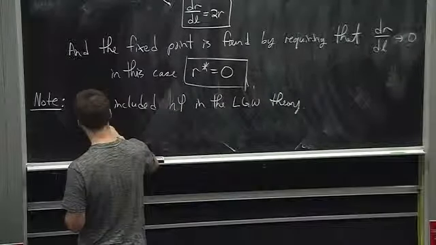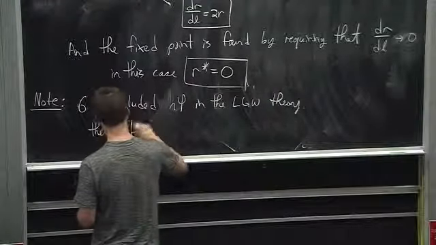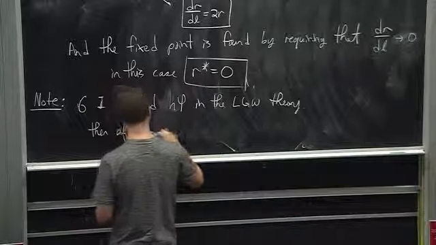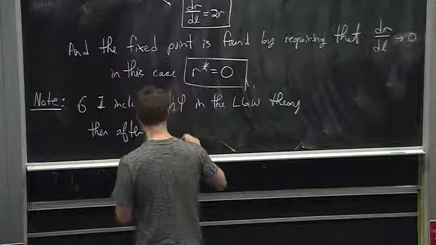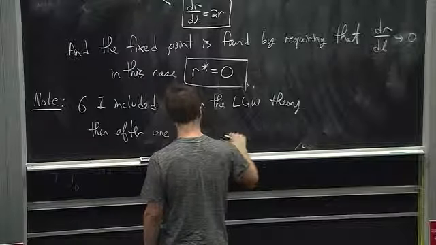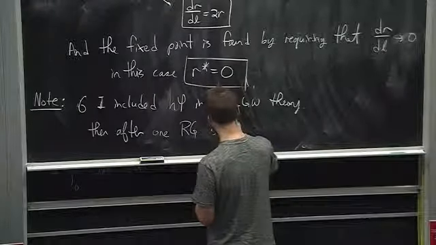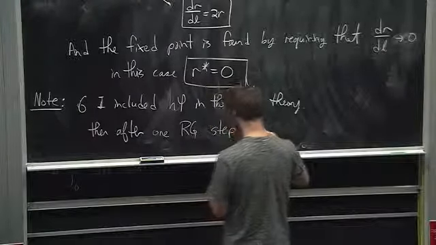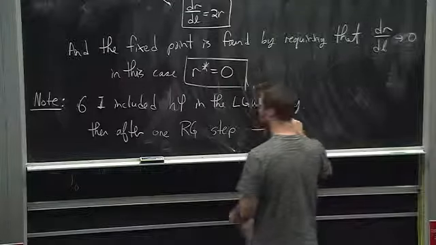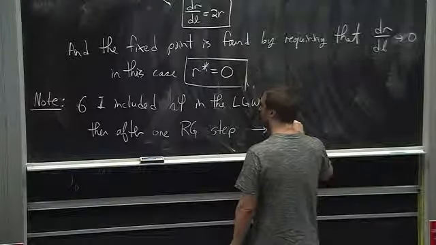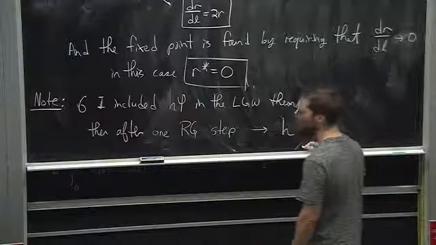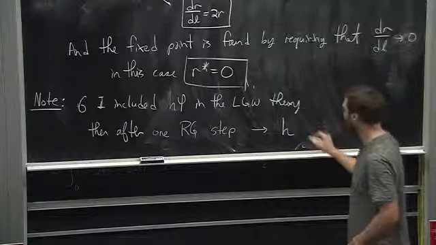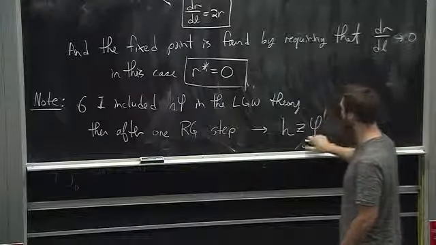Then after an RG step, you can just figure out exactly how this works. This would become h, you only have one field, so z phi prime.